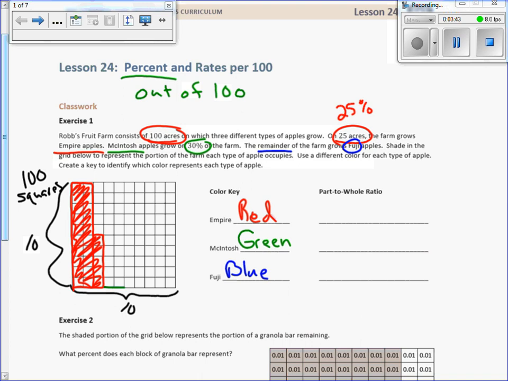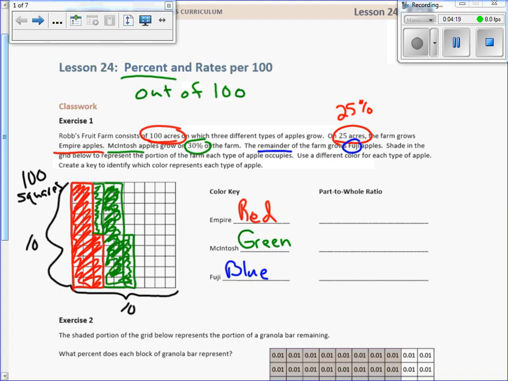Here's 20, and here's 5 right here, so there's 25, and then 5 more makes 30. 1, 2, 3, 4, 5, 6, 7, 8, 9, 10, 11, 12, 13, 14, 15, 16, 17, 18, 19, 20, 21, 22, 23, 24, 25, 26, 27, 28, 29, 30. You get the idea? So this is 30%.